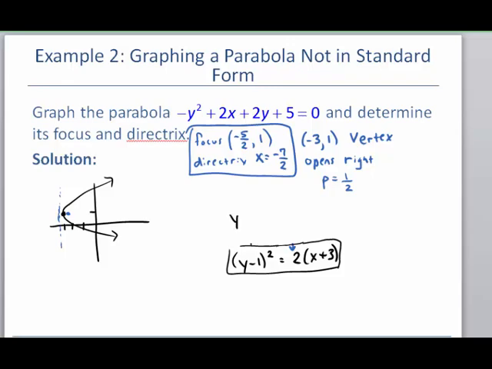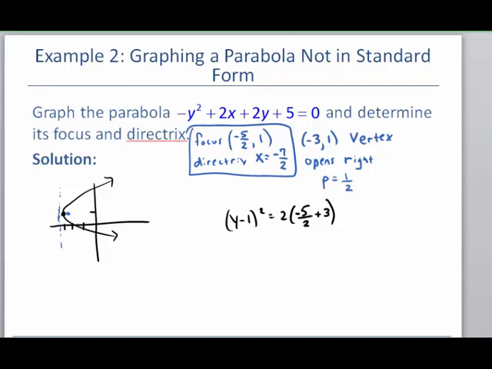So I will have (y - 1) squared equals 2 times (-5/2 plus 3). All right, and then let's work it out. You can use your calculator. -5/2 plus 3 is going to give you a positive 1/2. Two times 1/2 is going to give you 1.